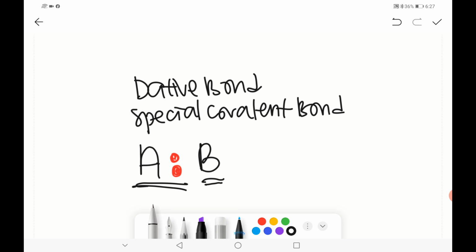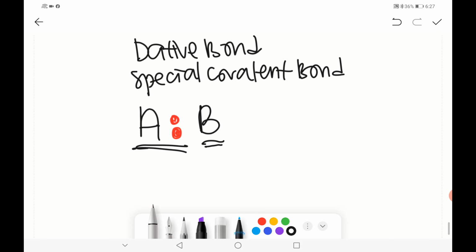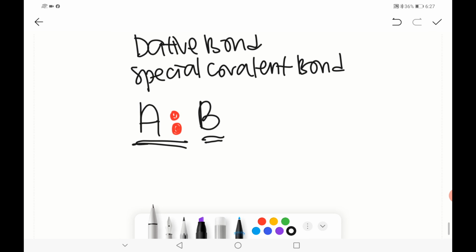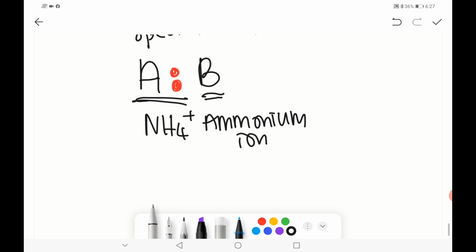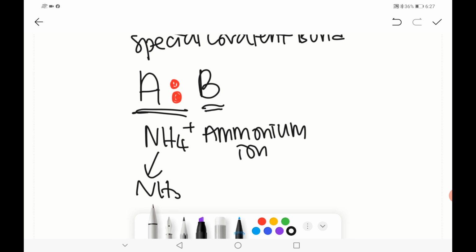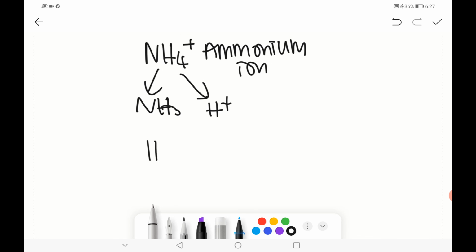So for SPM, the only 2 examples you should focus on are NH4 plus, which we call ammonium ion. NH4 plus is formed by ammonia, NH3, and H plus. Another example we need to know is H3O plus, which is called hydroxonium ion.